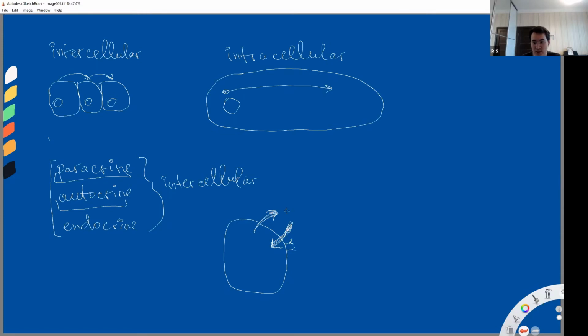And these receptors take these molecules and start a huge signaling pathway that changes everything inside the cell. So this will be one part of intercellular, but also other cells in close proximity can also take these substances and start the same signaling.